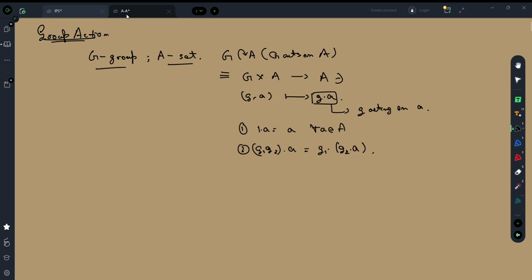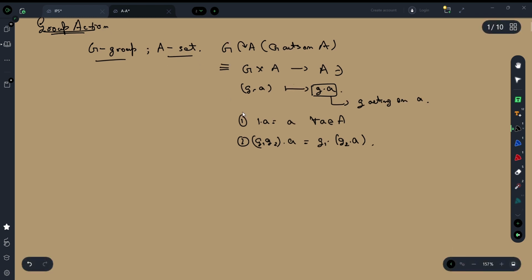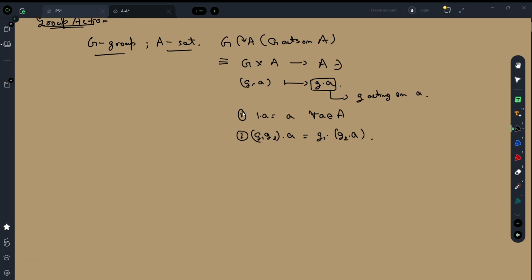Now we are concerned with defining a very important subgroup which is closely related to group actions, called the stabilizer. So, the stabilizer of a group action. How do we define it?